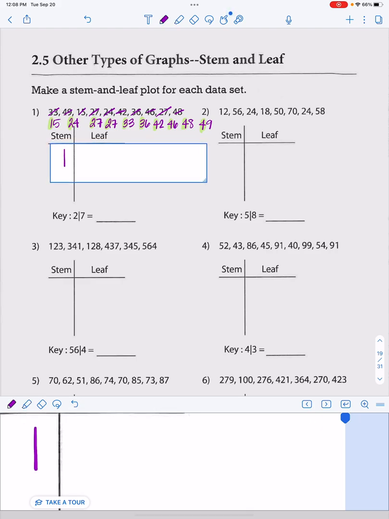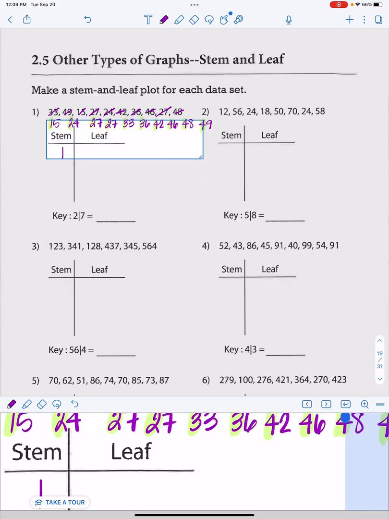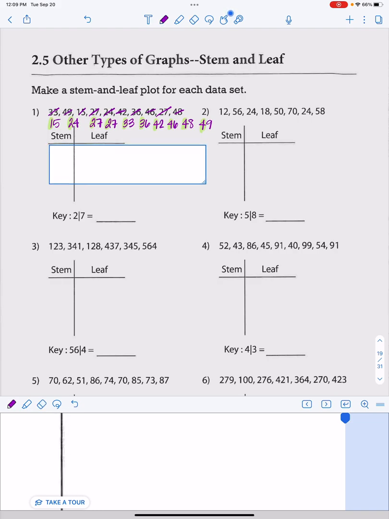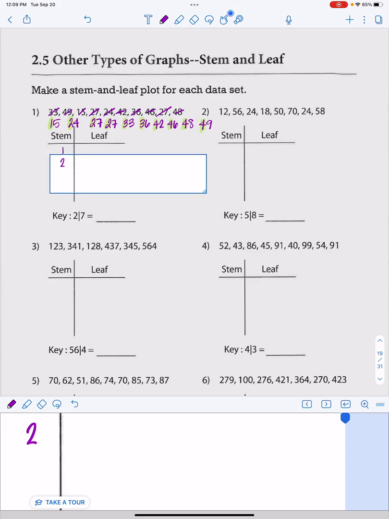So I need a 1. Ooh, let's make it a little bit smaller. And then I had some digits in the 20s. So instead of a 20, I'm just going to use a 2. And for the 30s, I'm going to pull out a 3. And then we had the 40s.